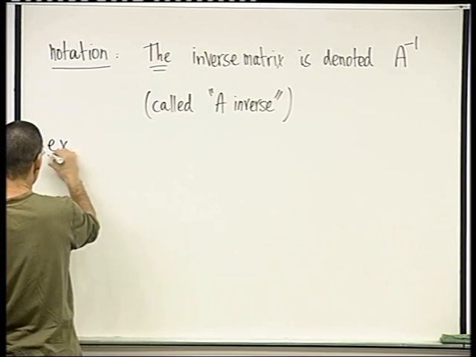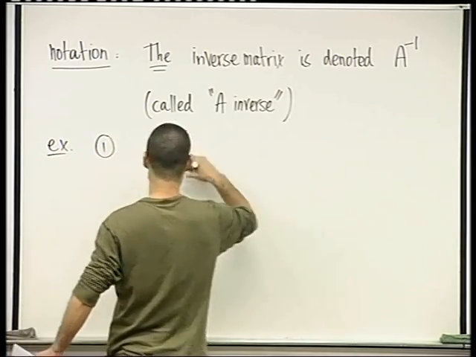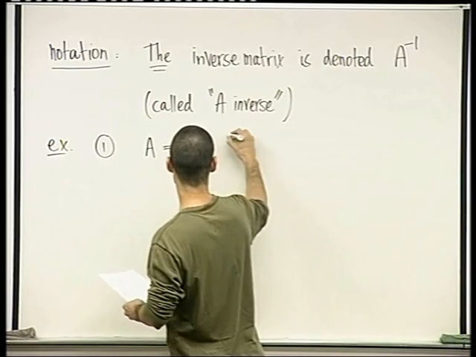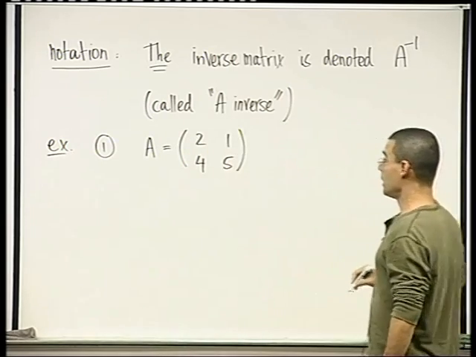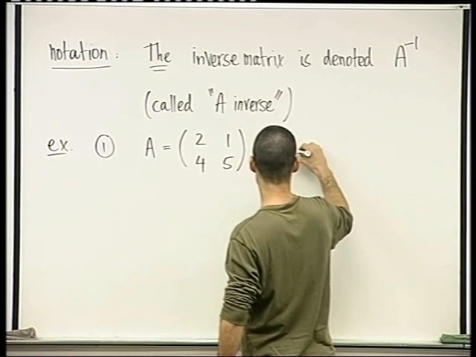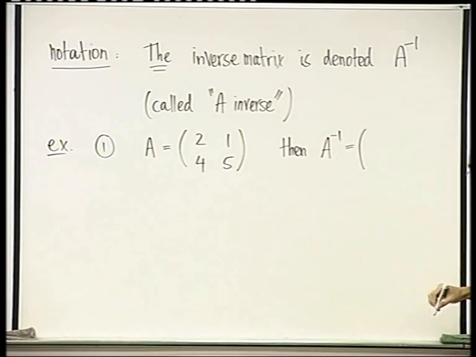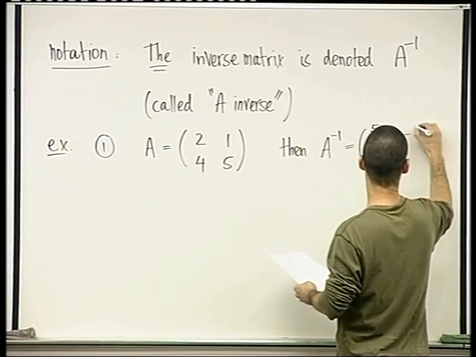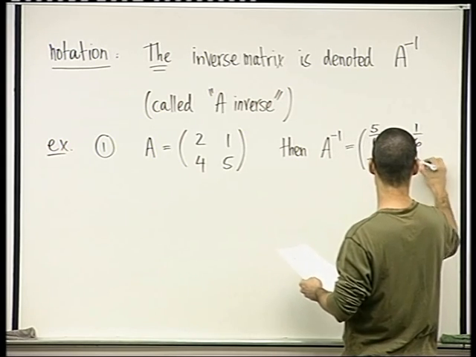So here are some examples. Here's the first example. Let's take A to be a 2 by 2 matrix, everything nice and small and easy to handle: 2, 1, 4, and 5. So the claim is that this matrix is invertible, and its inverse matrix is the following: 5 over 6, negative 1 over 6, negative 2 over 3, and 1 over 3.